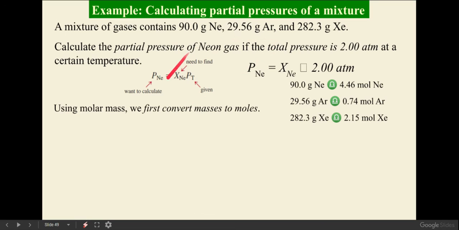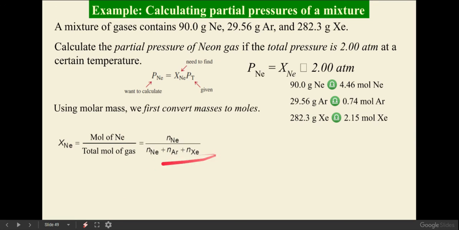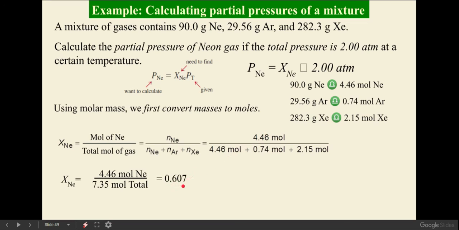So first, we use the molar masses. Oh, that converted to like an emoji version. That's neat. But 90 grams of neon divided by its molar mass, all of these divided by their molar masses, give moles. So then we want moles of neon over the total number of moles. So on the bottom, we add them all up. On top, just neon. So we get 0.6.